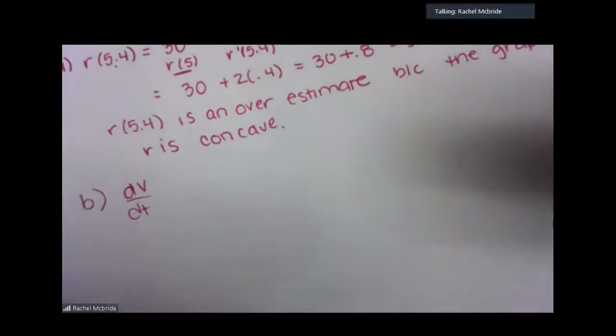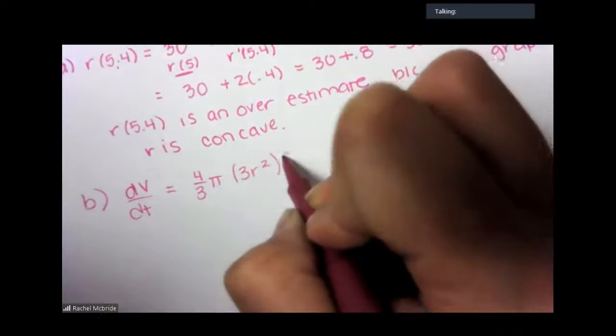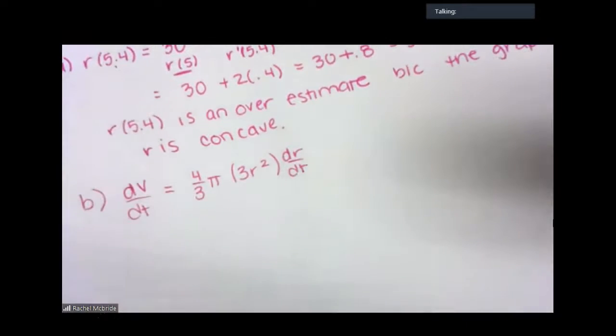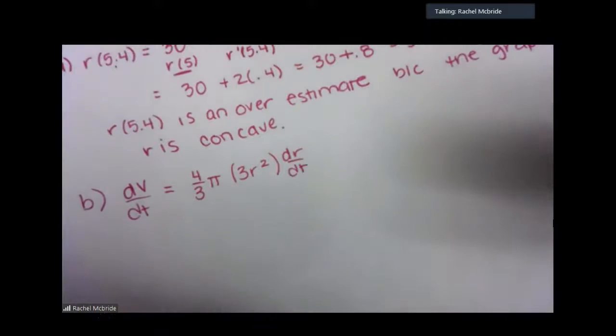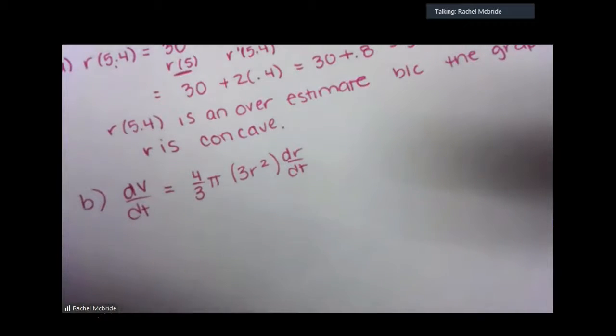So if we're looking for the rate of change of volume, we're looking for dV/dt. So the derivative of volume, and we're looking at t equals 5.